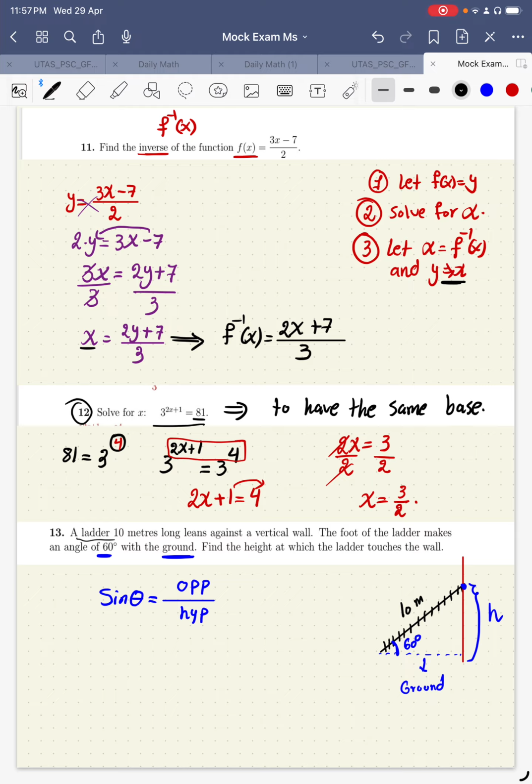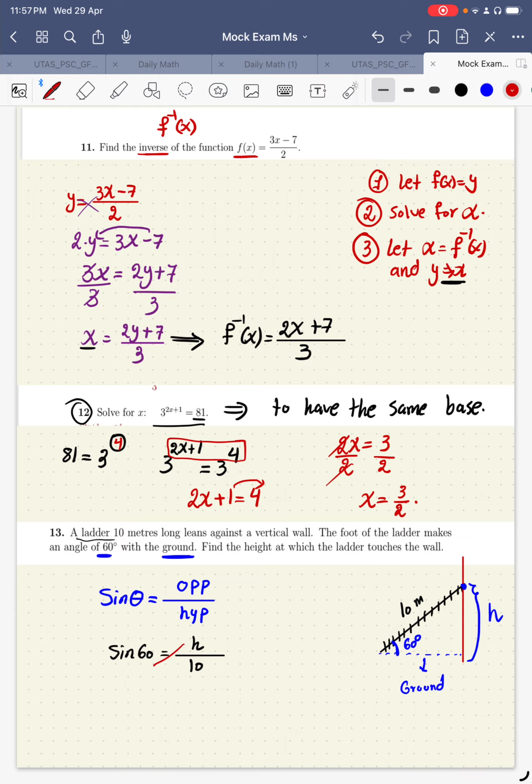So now let's sub the things we know. So sine, what is my theta? It's 60 degree equal, what is my opposite? Is h. And what is my hypotenuse? Is given to be 10. So how I'm gonna find h? I'm gonna do cross multiplication.